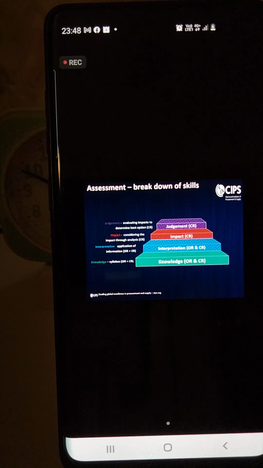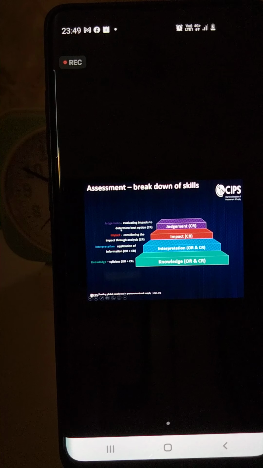Now, we do recognise that the objective response has a limitation in terms of being able to explain thinking, and therefore we provide the CR responses to help you explore and explain and demonstrate your skills in being able to understand the impact of certain decisions or certain scenarios, and then being able to judge the best option.